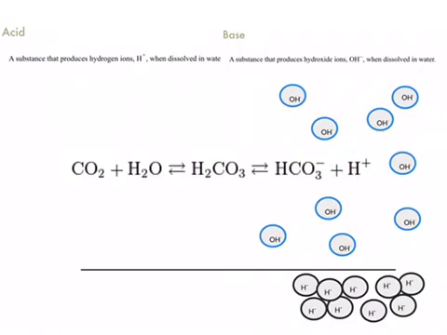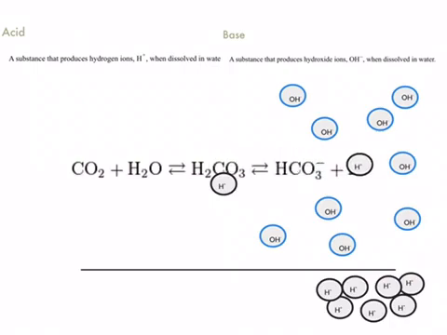Well, how is it going to do that? It's going to basically take this reaction and take some carbon dioxide, some water, create carbonic acid, and start producing these ions here. What's going to happen is that these hydrogens from the water are going to go combine with CO2 and create this carbonic acid.